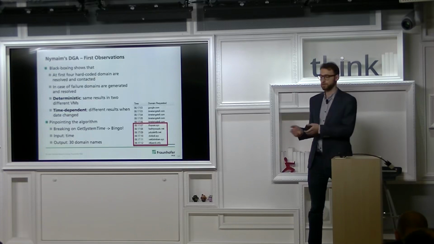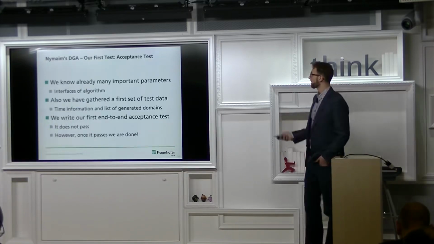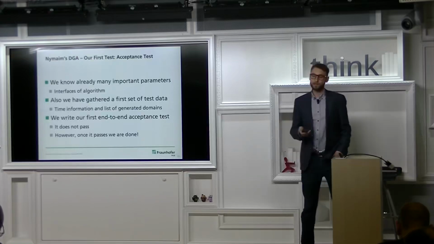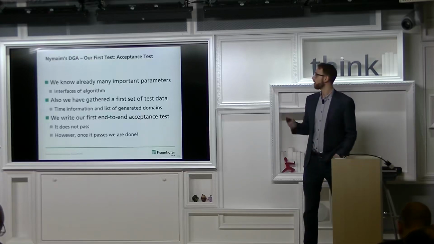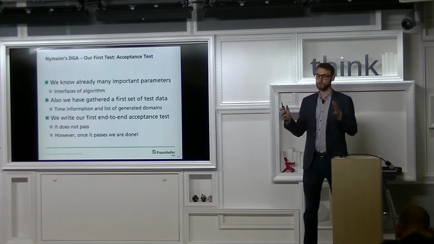And it output 30 domain names. So, still in the preparation phase, we already knew very important parameters. We knew the start and the exit point of this algorithm, so the interfaces.